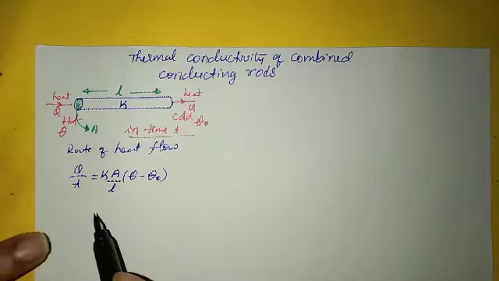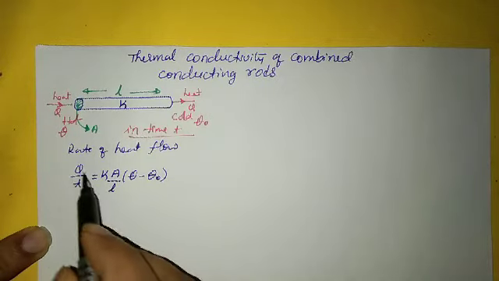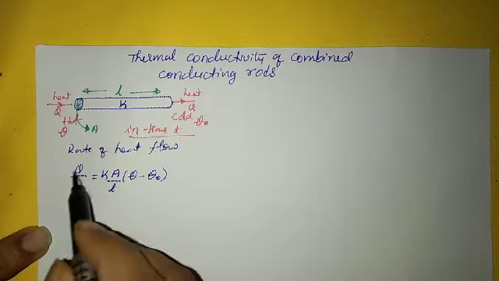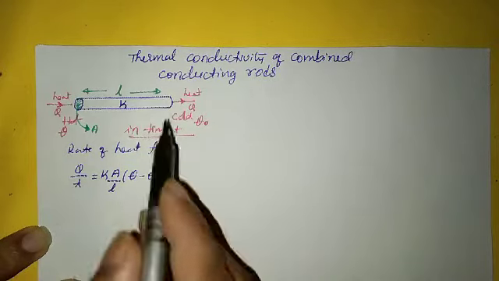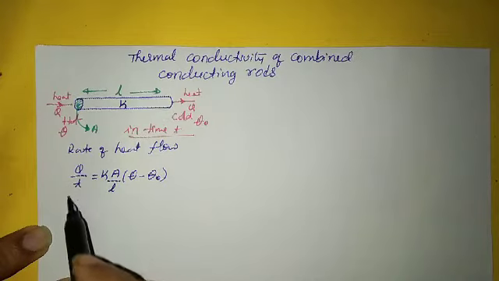Moreover, this Q by t is called heat current. How much heat passes through the conductor in unit time, that is Q by t, otherwise we call it watt.